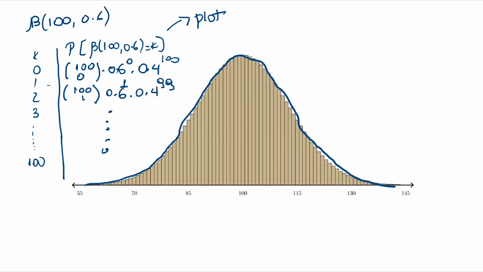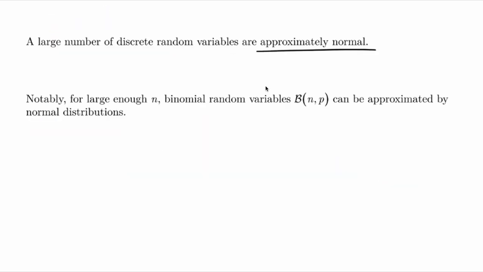Whatever repeated trial you're doing with 2 outcomes will be approximately a normal distribution. Okay. This is very, very important. So a large number of discrete random variables are approximately normal.